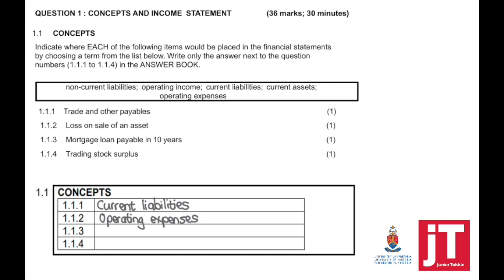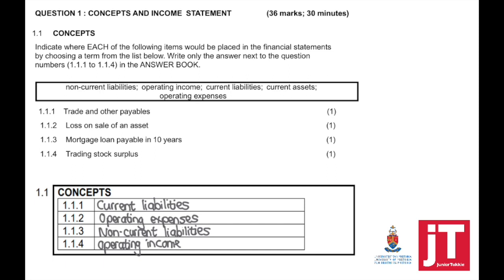Mortgage loan payable in 10 years is a non-current liability, so this will appear on the face of your balance sheet or statement of financial position. Trading stock surplus is an income, so this will appear in your income statement under operating income.